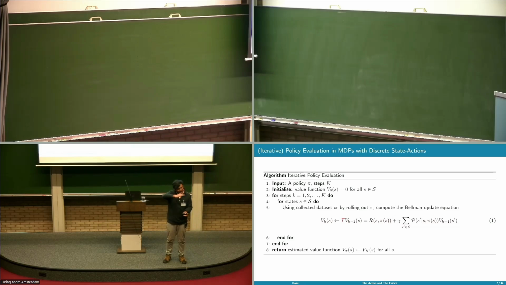If you keep applying it, you come closer to the true value itself. So it is like a self operator: if you keep on applying, you converge. This idea is what we use with the collected data or by rolling out the policy, depending on whether you are offline or online, to evaluate the goodness of a certain policy.